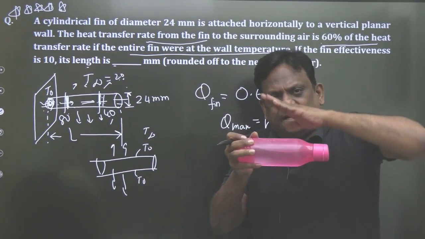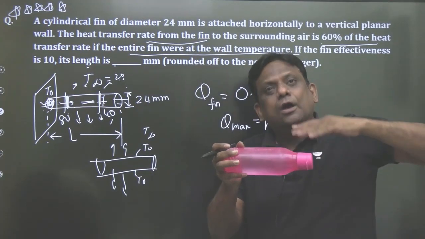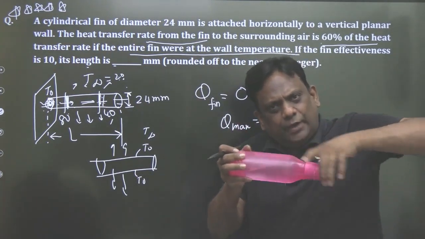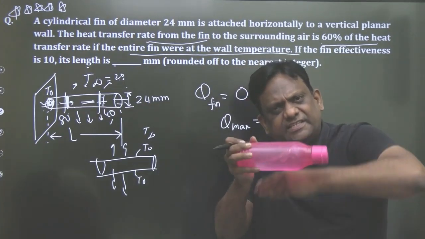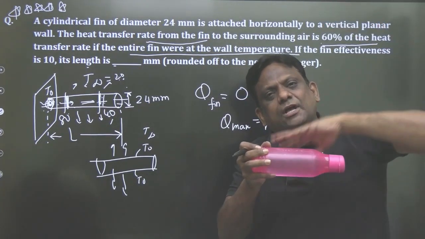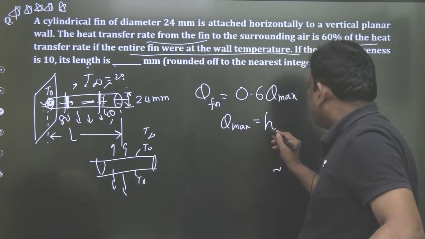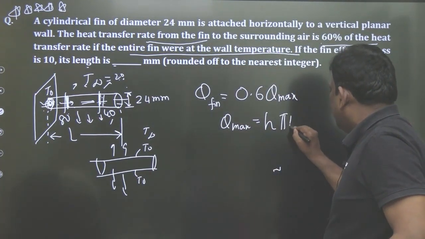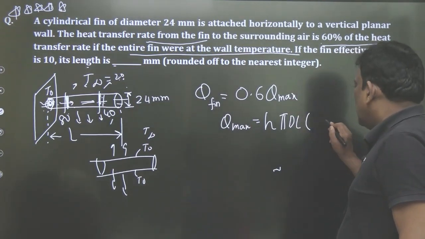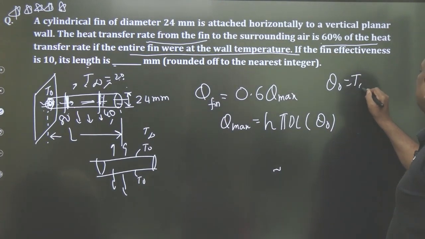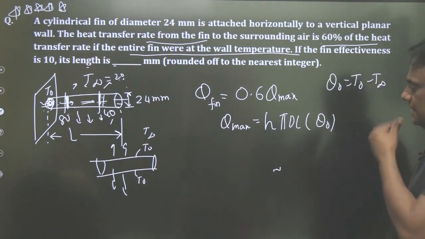So what is the temperature? T naught everywhere. What is the surrounding? T ambient. So throughout the circumference, pi d into L for this complete area which is at T naught, and the ambient is T ambient. So what is the convective heat transfer? h A delta T, so h pi d L into delta T. Let me write that delta T as theta naught, where theta naught represents base temperature minus ambient temperature. This is the maximum.